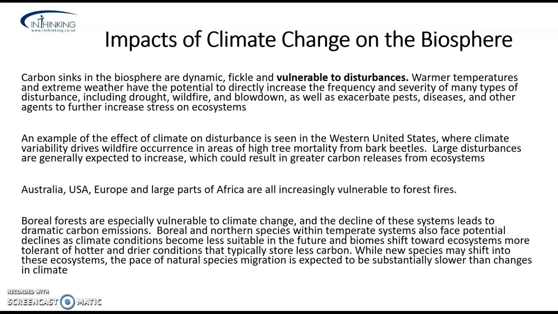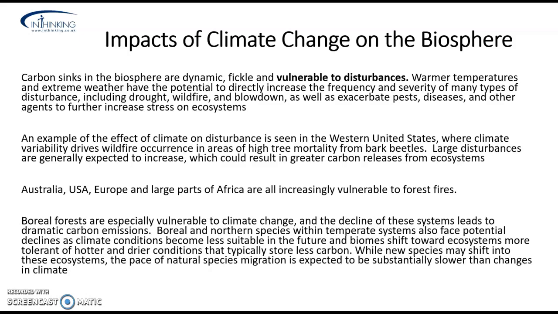So, the Western United States, Australia, seeing great variability in factors such as wildfire occurrences. We're seeing greater fire extent, more severe fires. So in Western United States, there's a greater variability in wildfire occurrence, and this is leading to high tree mortality from bark beetles. And large disturbances are generally expected to increase.